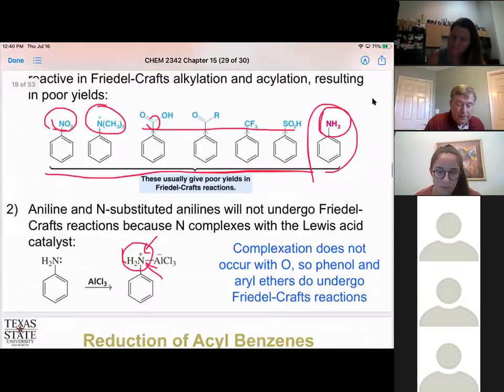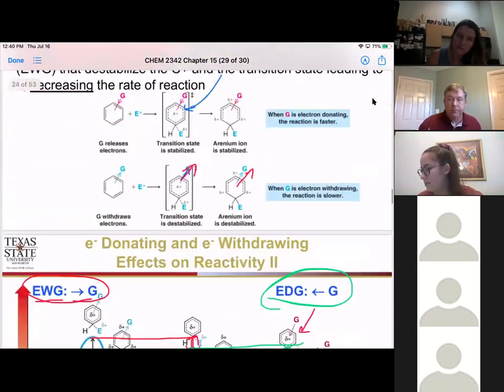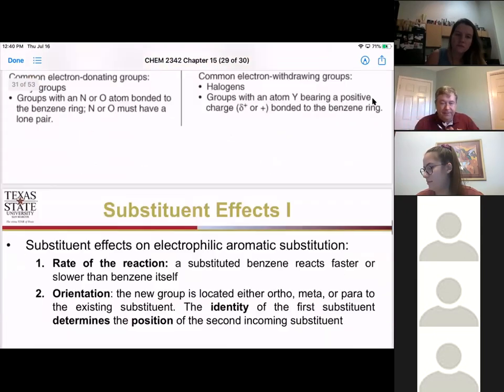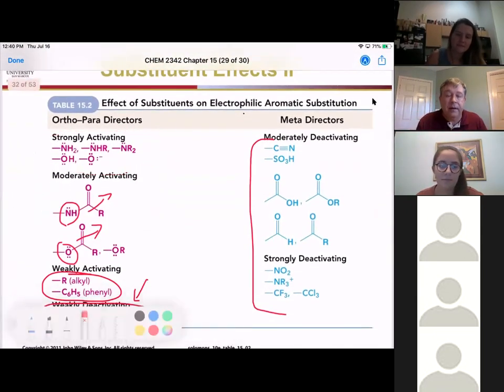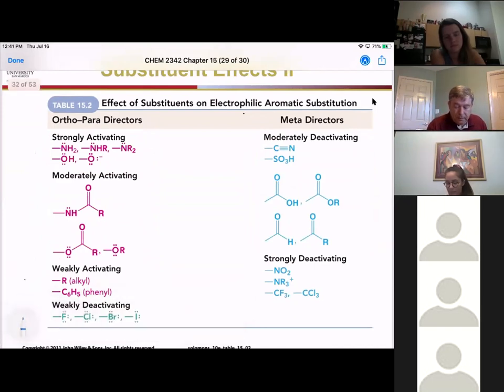And I wanted to make sure, all right, sorry if somebody's getting nauseous from this, I don't know. Okay. This slide right here is the next most important thing. Directors and activators. Most of the time, they're the same thing, except for the case of the halides, okay?